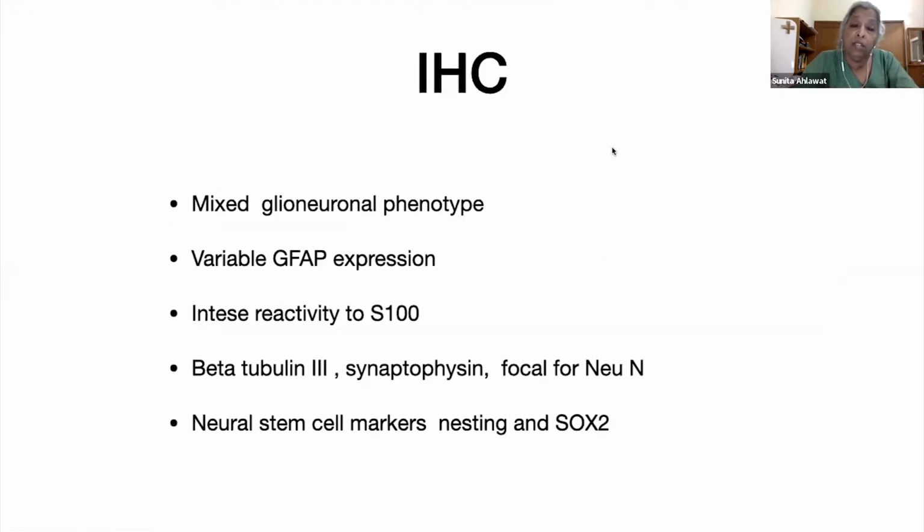So these are mixed glioneuronal phenotype, variable GFAP expression, shows intense reactivity for S100 and shows beta tubulin, synaptophysin or focal neuron positivity, and can also show neuronal stem cell markers like nestin and SOX2 positivity. So this is SEGA. As you must know, as was told to you, SEGA is associated with tuberous sclerosis.